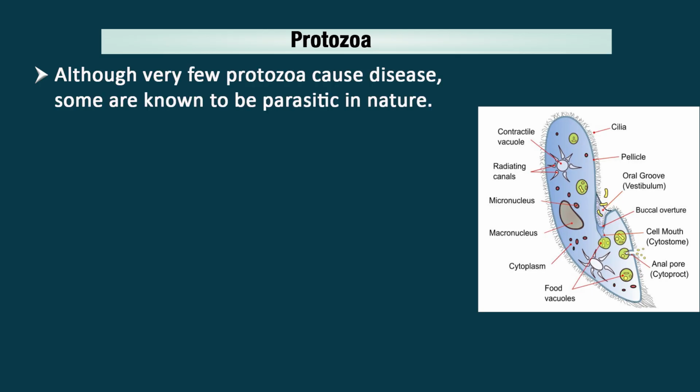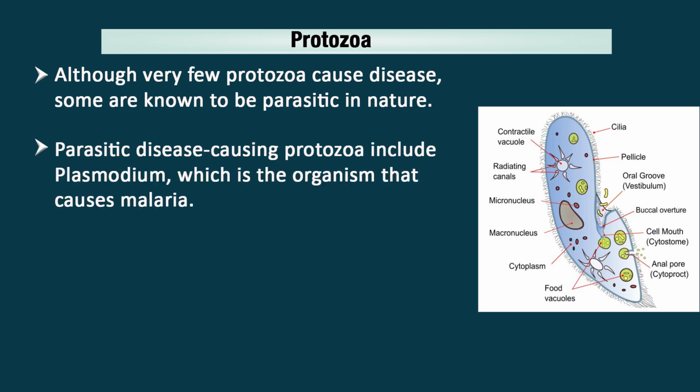Some examples of protozoan species include amoeba and paramecium. Although very few protozoa can cause disease, some are known to be parasitic in nature. Parasitic disease causing protozoa include Plasmodium, which is the organism that causes malaria.